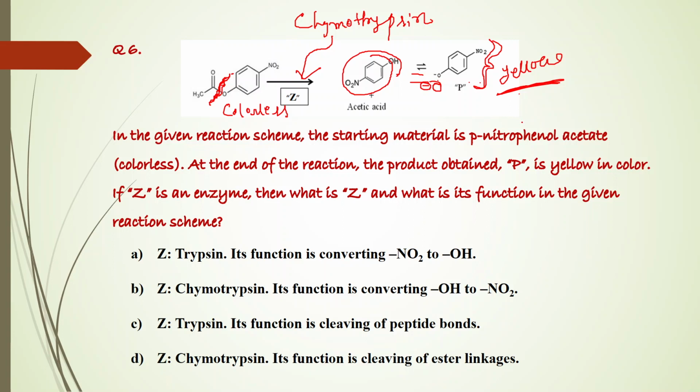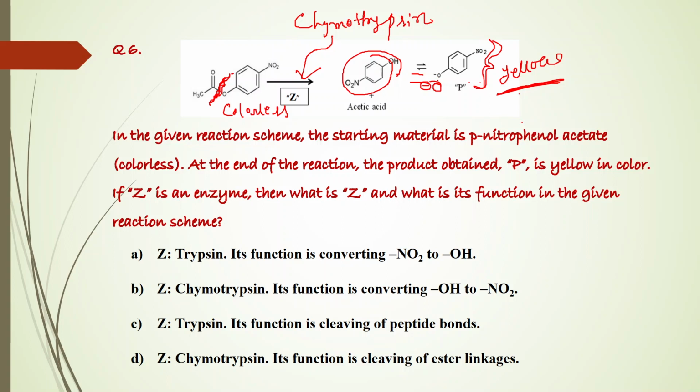It still has its activity intact and you are getting the color from the alkoxy ion, the O minus ion, forming from para-nitrophenol. And if the yellow color does not appear, that means the chymotrypsin has lost its catalytic activity and you can no longer use it.